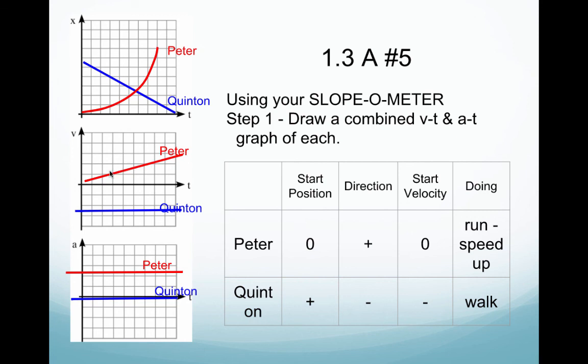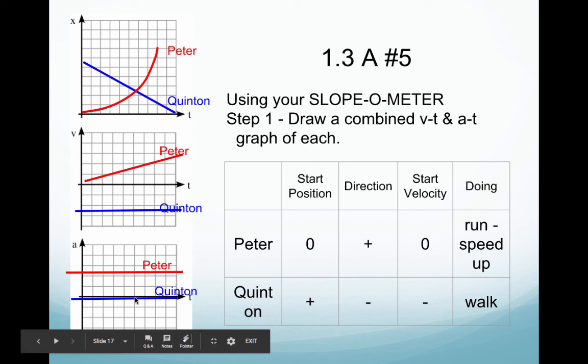Peter's velocity time graph has a positive slope, so we draw a positive VT graph. Quentin, come back up here and grab Quentin. Quentin has a negative slope the whole time, so we have a negative graph on our VT. The slope of that VT is 0 for Quentin, so we draw 0.